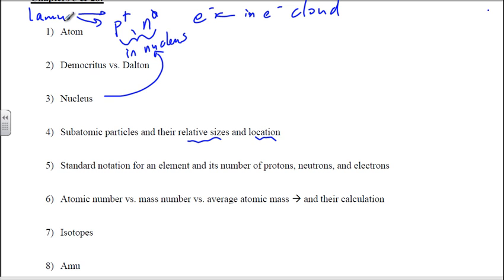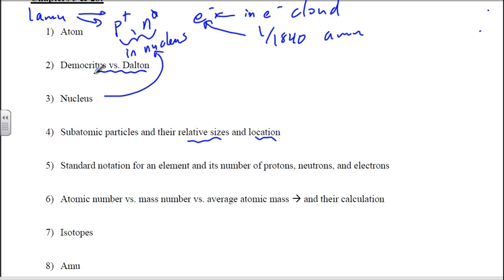We talked about AMUs before. And then realize, and I don't know that I'll ask the specific numbers, that the electron is quite a bit smaller. The electron is approximately 1/1840th of an AMU, so it's about 1/1840th the size of a proton or a neutron.